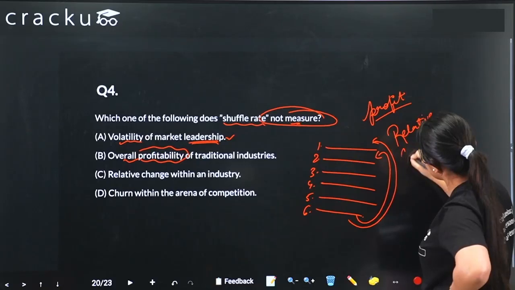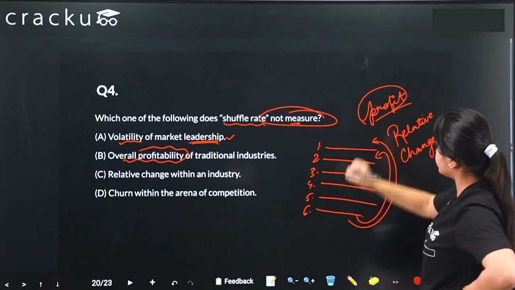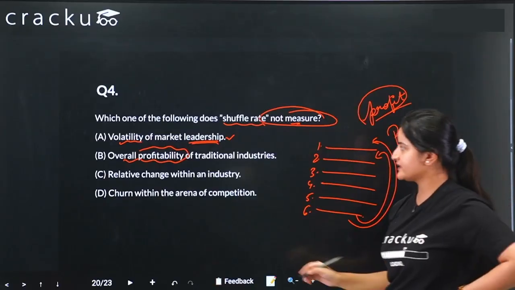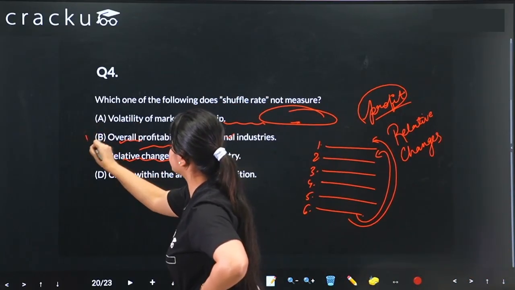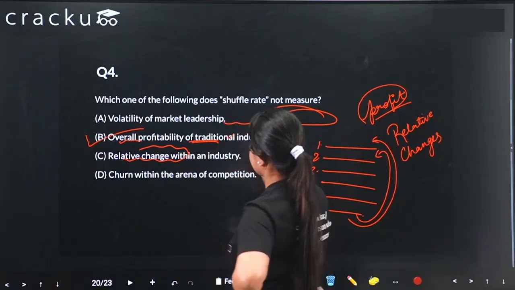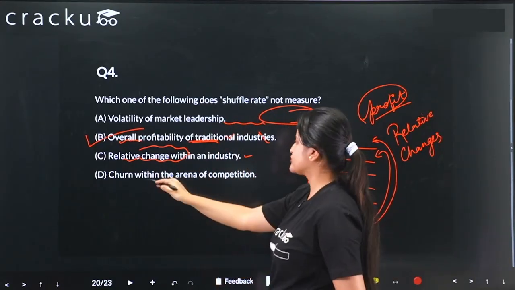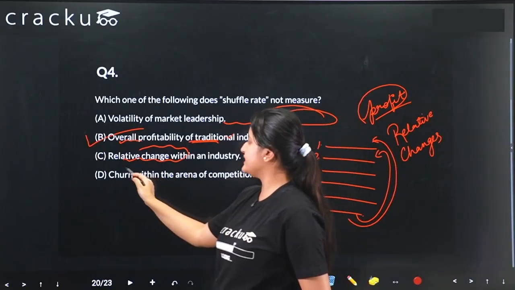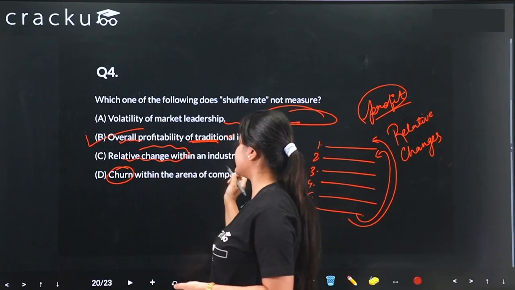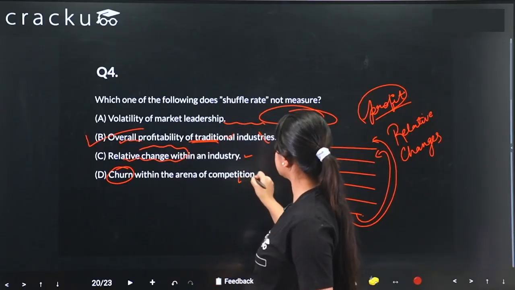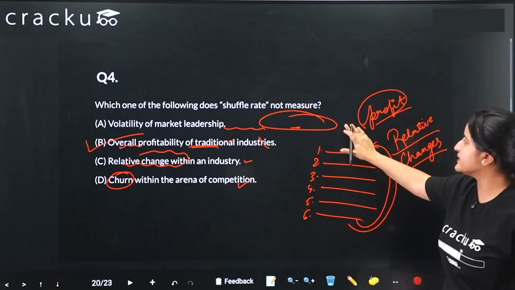It is about changes in position of companies. It is not about profit. Profit is not a dimension. So this is the right option, as shuffle rate is not at all related to profit. Relative change, yes, relative change is right. Churn within the area, seeing how many are losing their market share and how many are gaining, stuff like that. So again, competition, churning, relative changes in the competitive landscape, that all is shuffle rate.